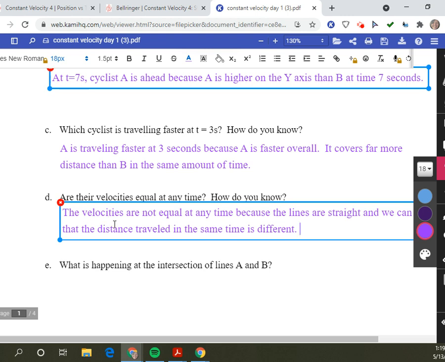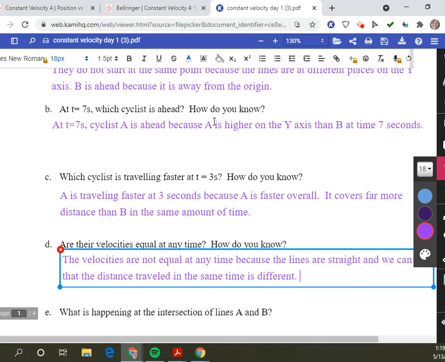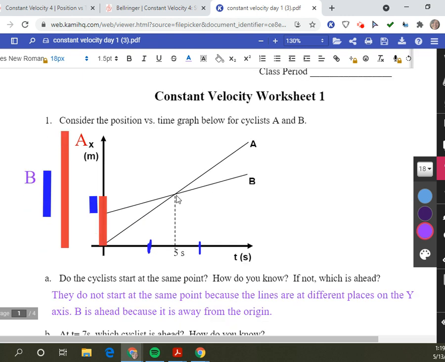All right, so if they're not the same velocity at that intersection, what is happening at this intersection? So picture it in your mind. If you're a bicyclist and you're right here at the start of A, and another person is a bicyclist and they're right there at the start of B, you're pedaling away. Right here at this intersection, what did you do?